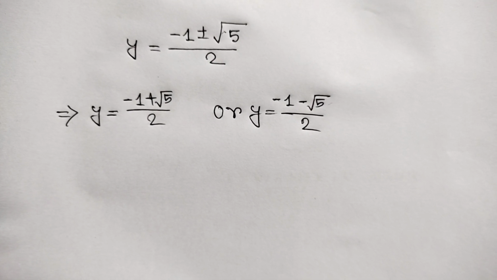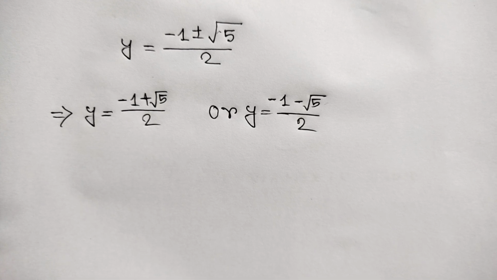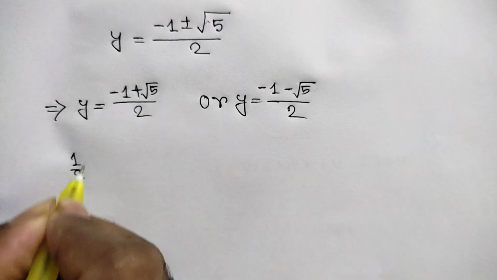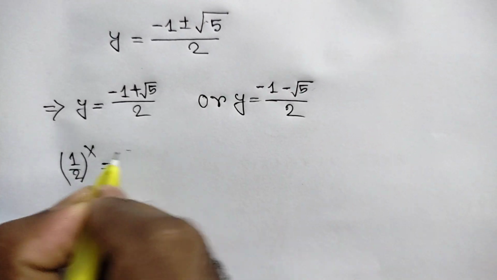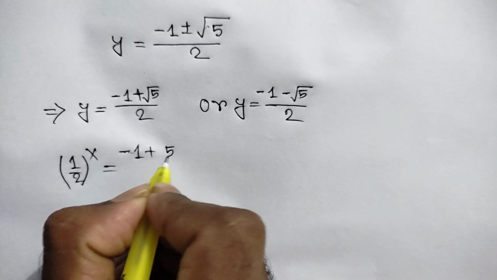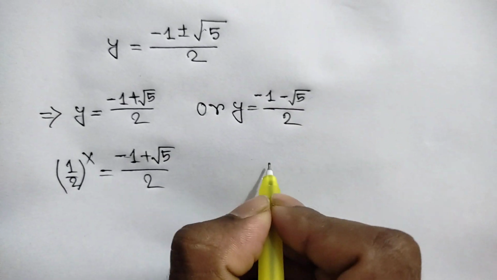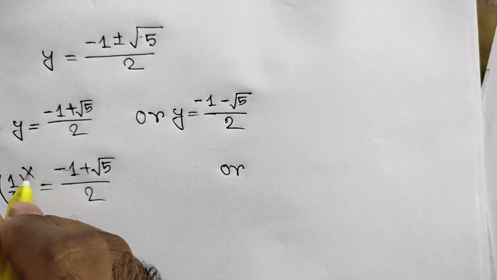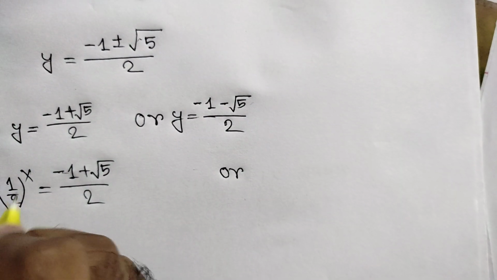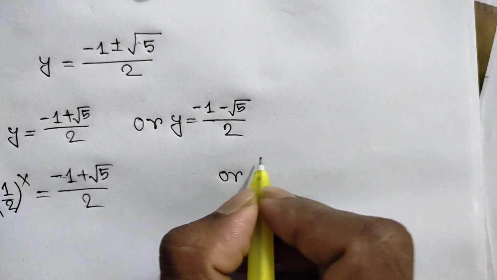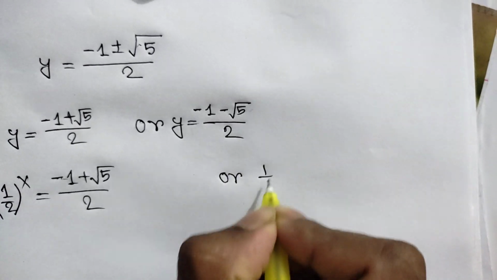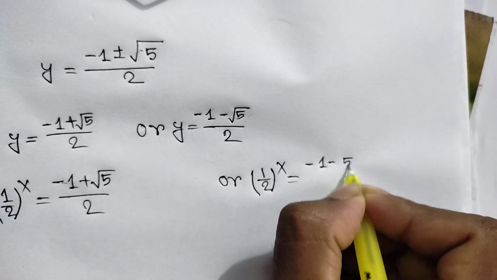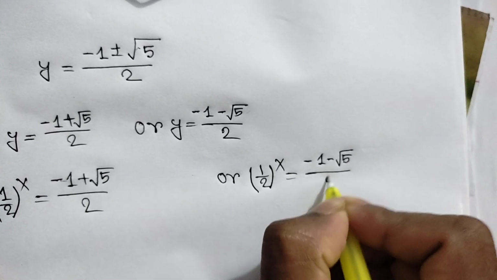But remember y is equal to 1 over 2 power x, so 1 over 2 power x is equal to negative 1 plus square root of 5 over 2, or 1 over 2 power x is equal to negative 1 minus square root of 5 over 2.